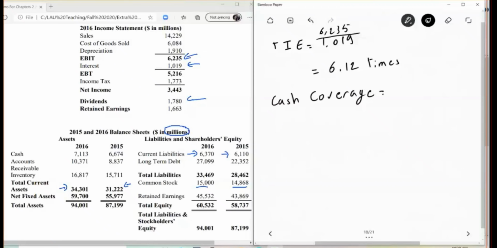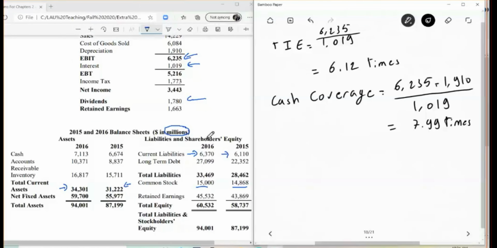So I will have 6,235 plus 1910 divided by 1019, and the answer in this case is 7.99 times. So that's it for the second category of financial ratios.